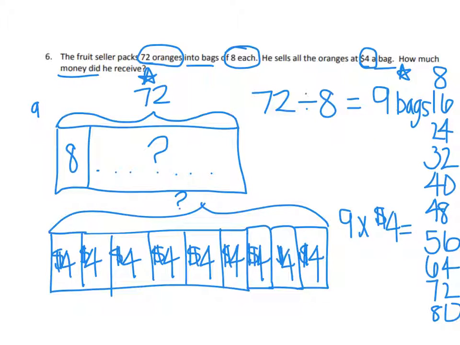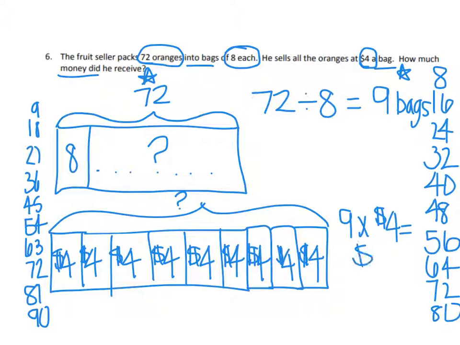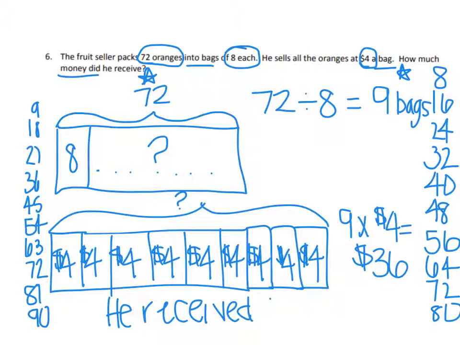So here we have 9, 18, 27, 36, 45, 54, 63, 72, 81, and 90. So 9 times 4 is equal to 36. So that means he received $36.